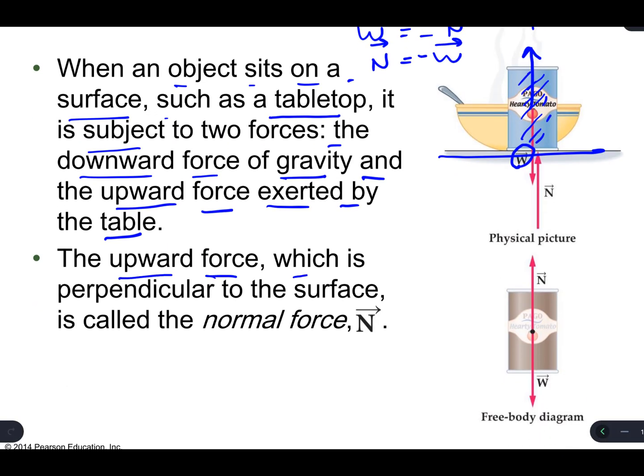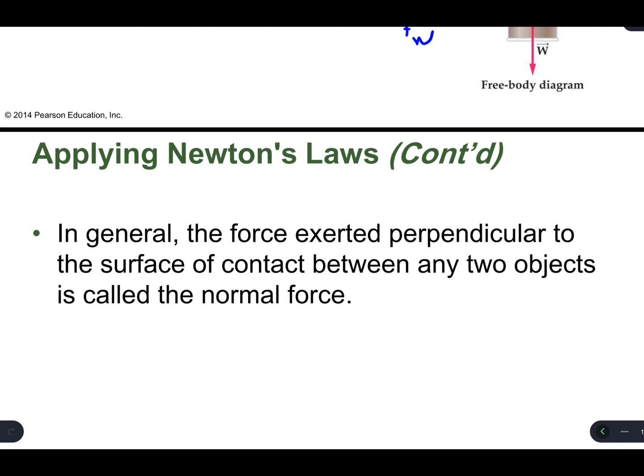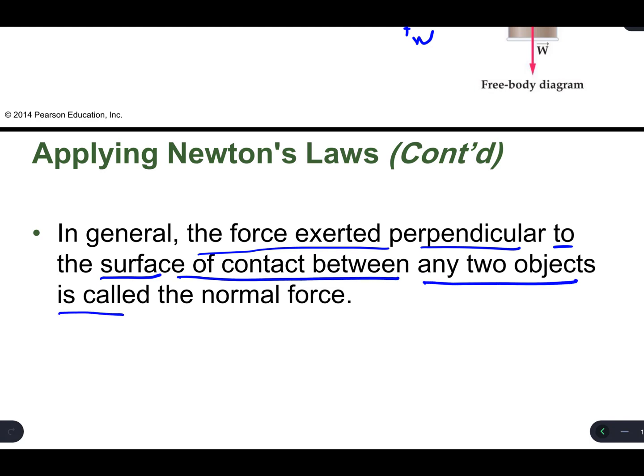The upward force, which is perpendicular to the surface, normal to the surface, at right angle to the surface, is called normal force, N or Fn. In general, the force exerted perpendicular to the surface of contact between any two objects is called the normal force.